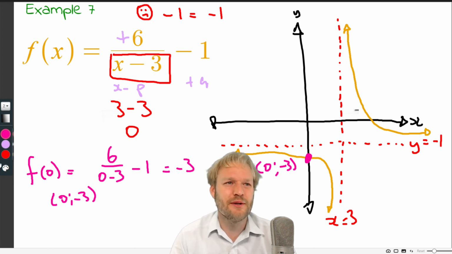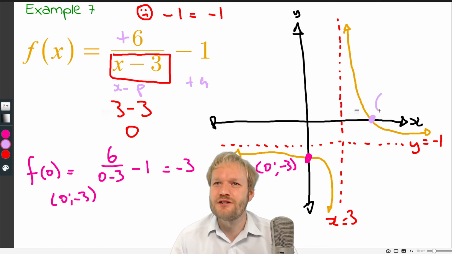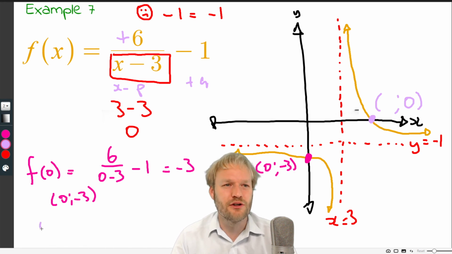And the other piece of the puzzle, the final last little bit, is the x-intercept. We know the y value is 0, so we're going to go 0 equals 6 over x minus 3, minus 1. Now, for this one, instead of solving the whole equation, we know that there's one answer.